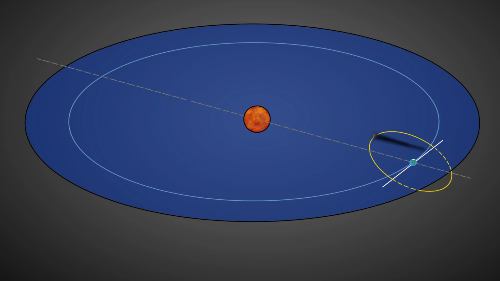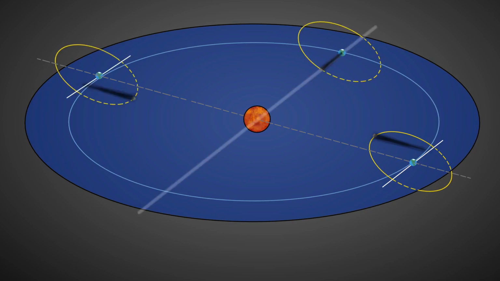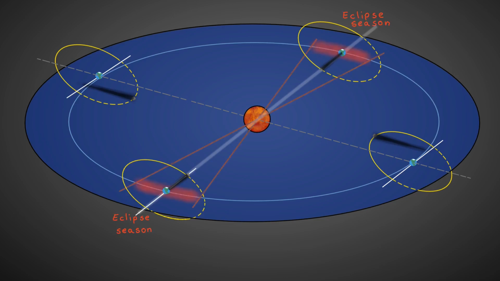Similarly to lunar eclipses, not every time the Moon passes between the Sun and Earth is a solar eclipse produced. Due to the inclination of the Moon's orbit, its shadow sometimes passes above or below Earth. Only when the line of nodes points towards the Sun during the eclipse seasons, the Moon aligns with the Sun and Earth, casts its shadow on Earth, and a solar eclipse is produced.